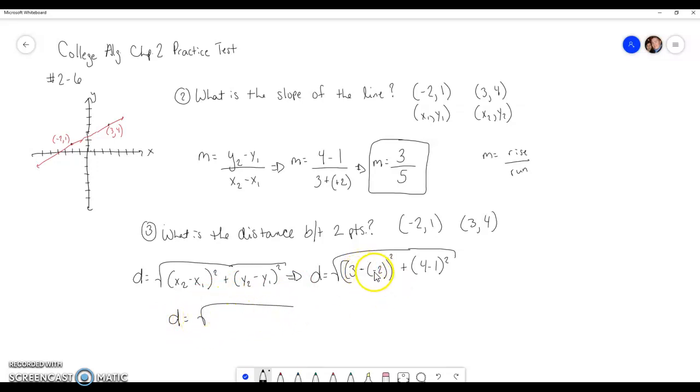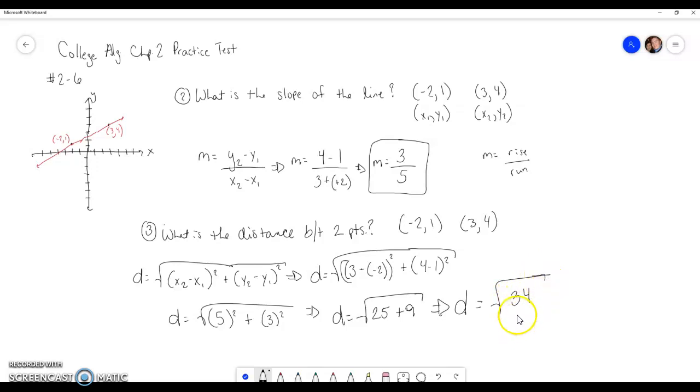Again, 3 minus a -2 becomes a +5. So 5 squared plus 4 minus 1 is 3 squared. Okay, so my distance is equal to the square root of 25 plus 9, so my distance is equal to the square root of 34.